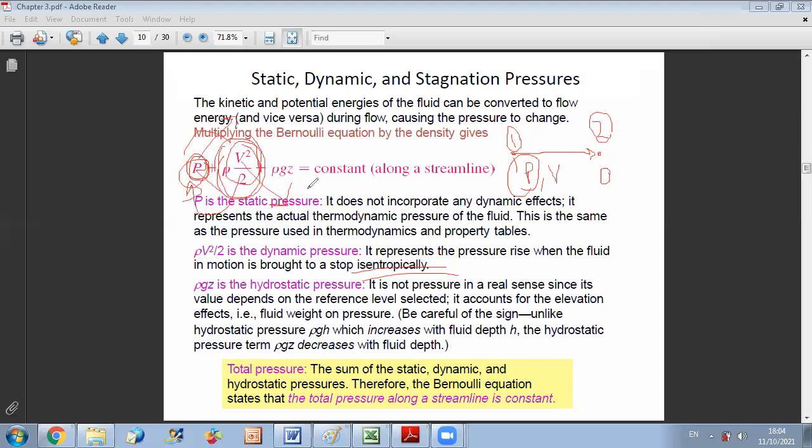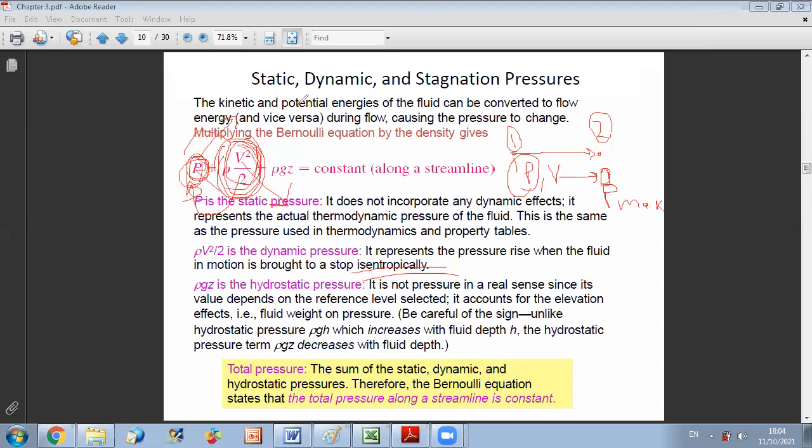So we say then that this term represents the dynamic pressure, which corresponds to the possible rise of pressure in the flow, because I'm able to raise the pressure of my flow by reducing the velocity, and the maximum reduction will be to have a velocity of 0, which will correspond to P maximum, and this maximum pressure is then equivalent to the static pressure plus the dynamic pressure.